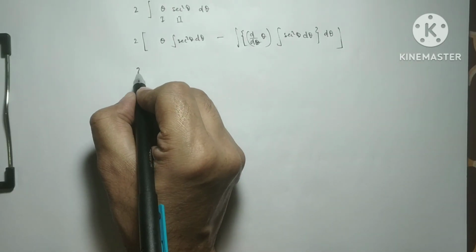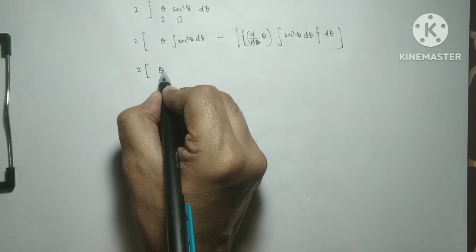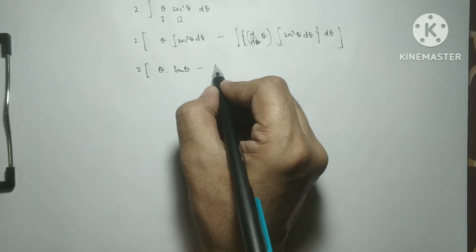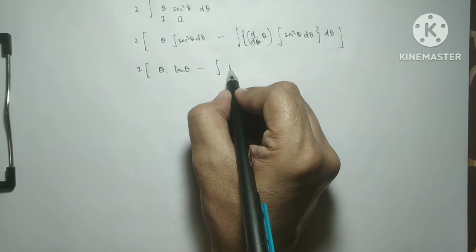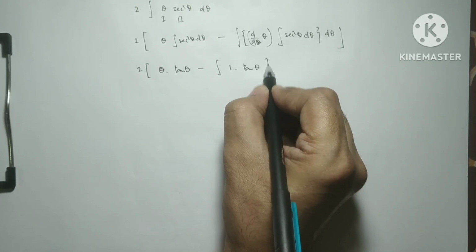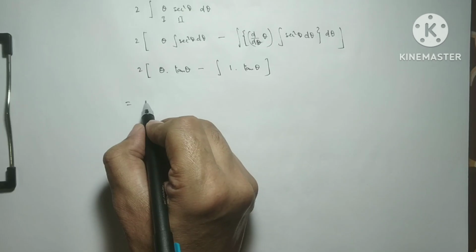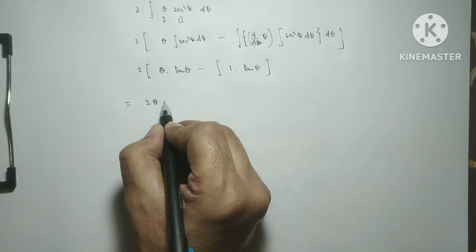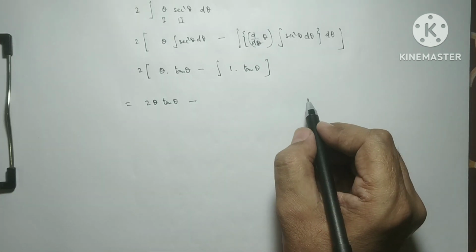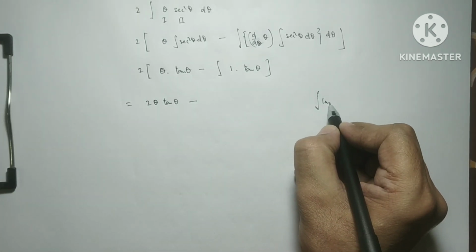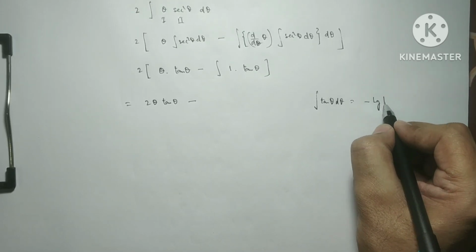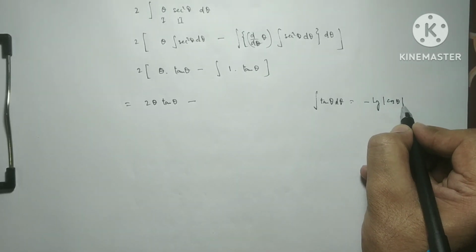And right now this is twice theta as it is, integration of sec square theta, this is tan theta, minus differentiation of this is 1 and it is tan theta. So it is 2 theta tan theta, and the integration of tan theta is minus log of cos theta.